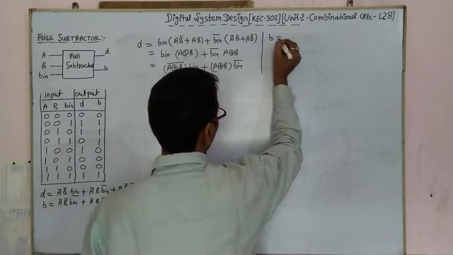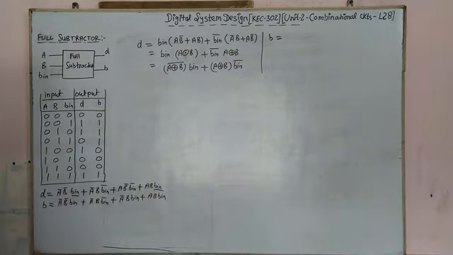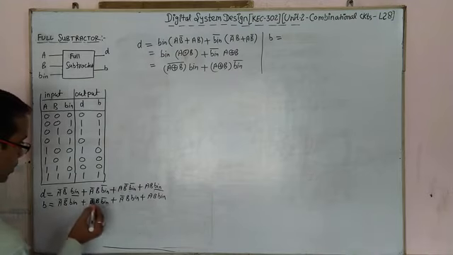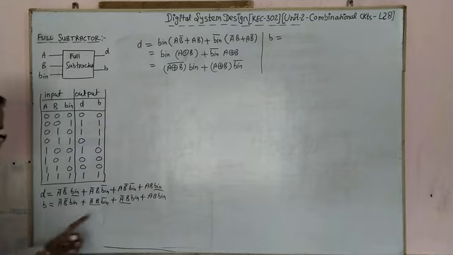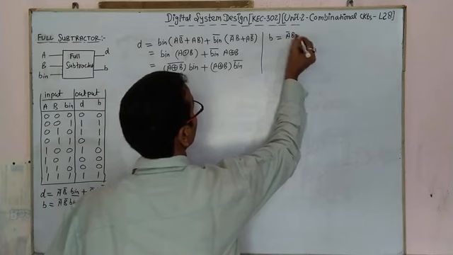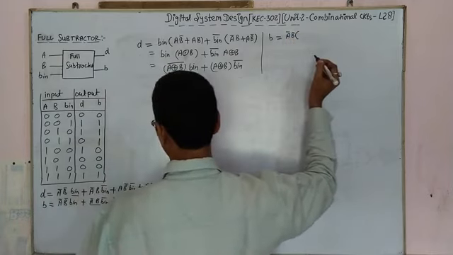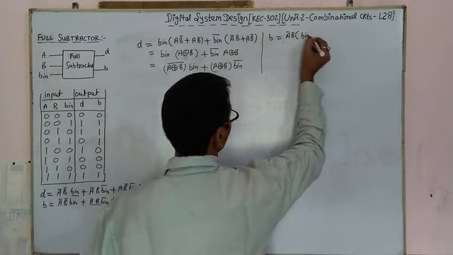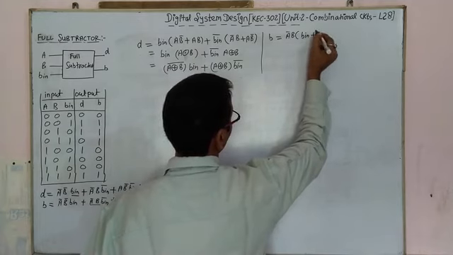Similarly, for borrow, you can take A bar B common in the first terms, and you will get B in plus B in bar.